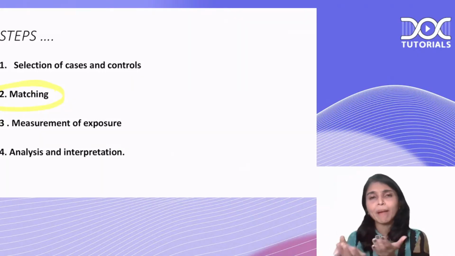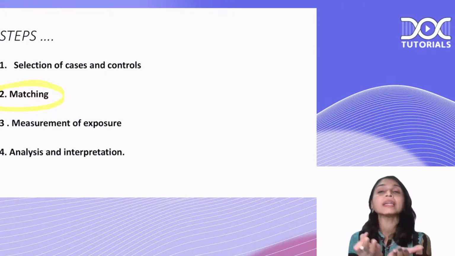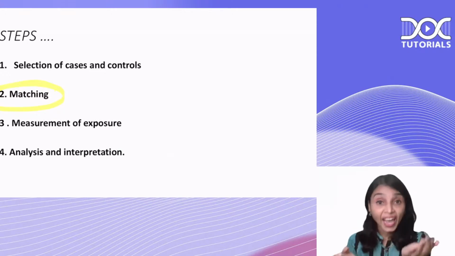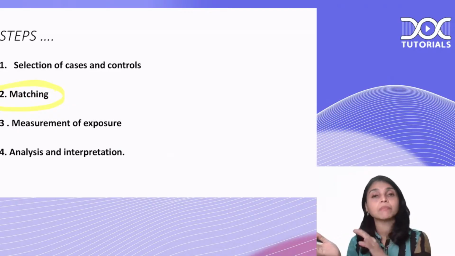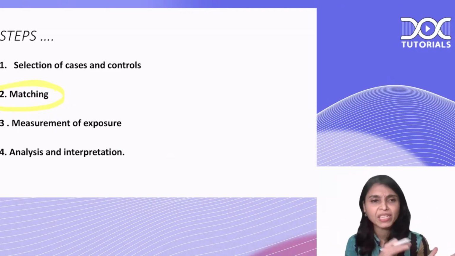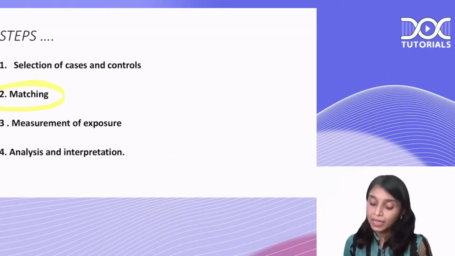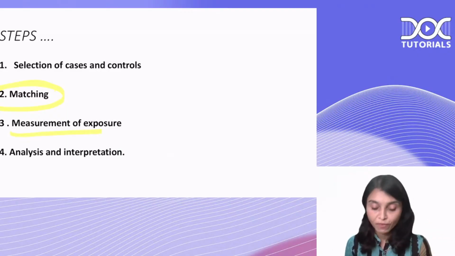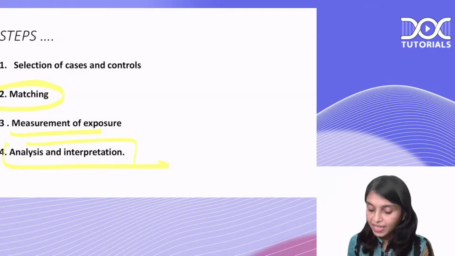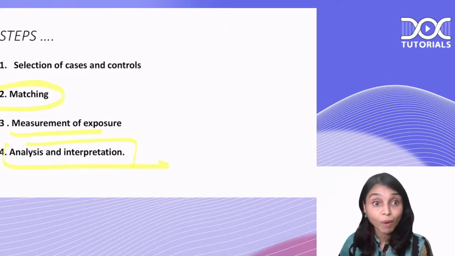Just understand that you're matching the cases with controls in terms of certain variables like age, then their gender, sometimes some exposure, family history. Then you are measuring the exposure, how much is the percentage of exposure, and finally you are doing the analysis and interpretation.